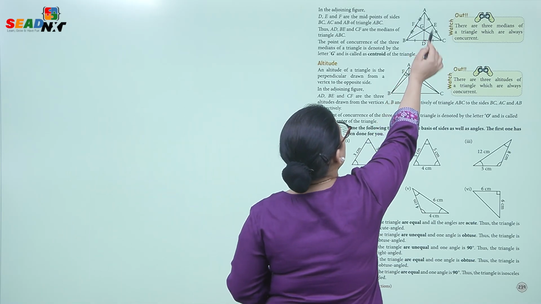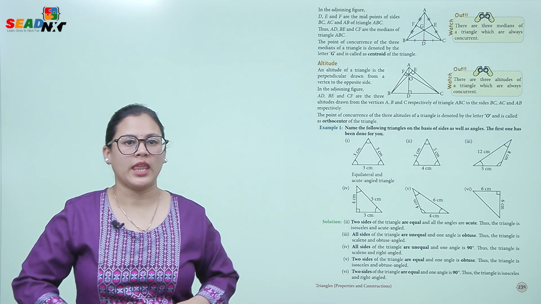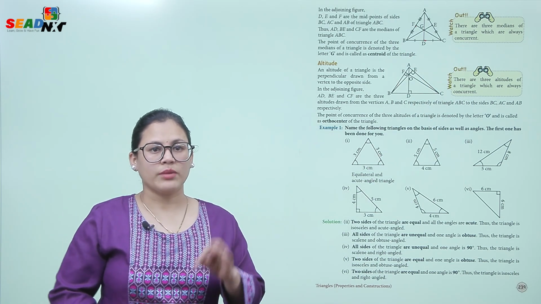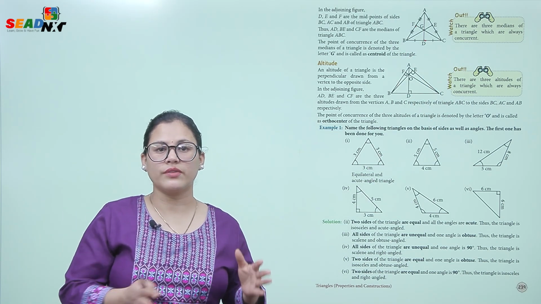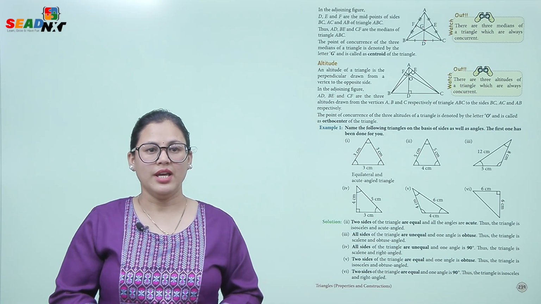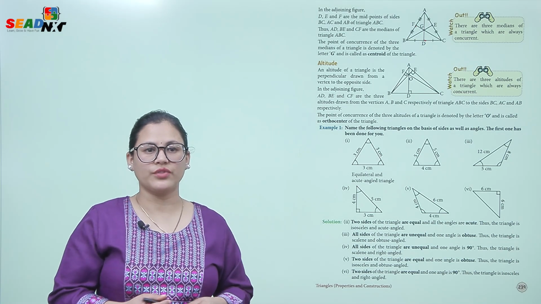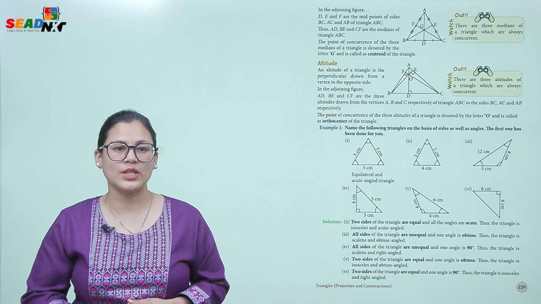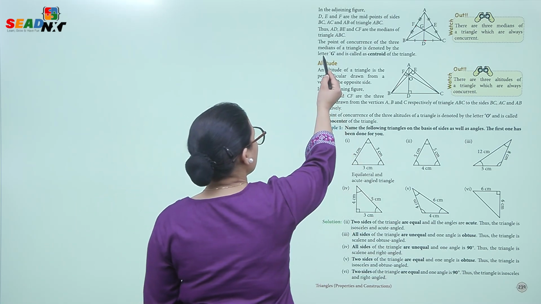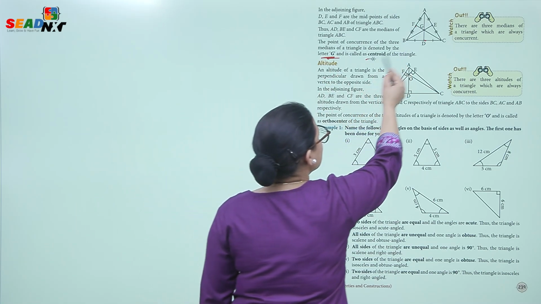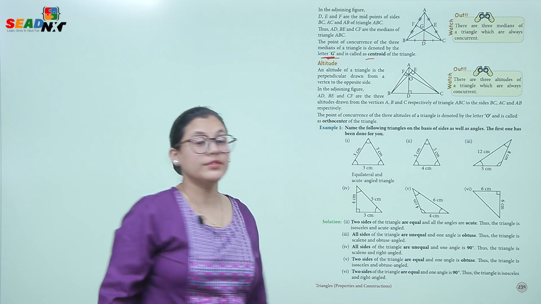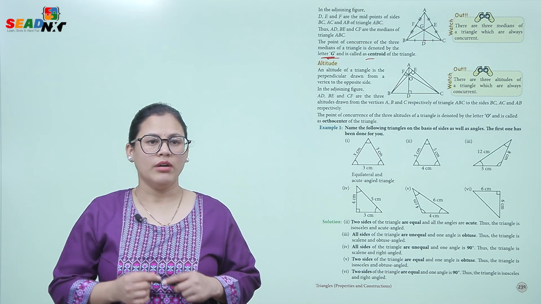AD, BE and CF are the medians of the triangle ABC. The point of concurrence of the three medians of a triangle is denoted by the letter G, and this is called the centroid of the triangle. Okay, watch out.